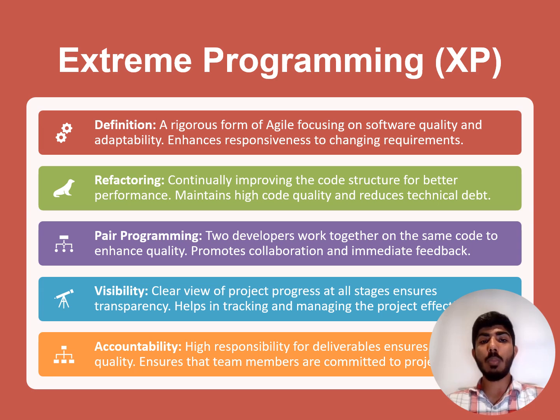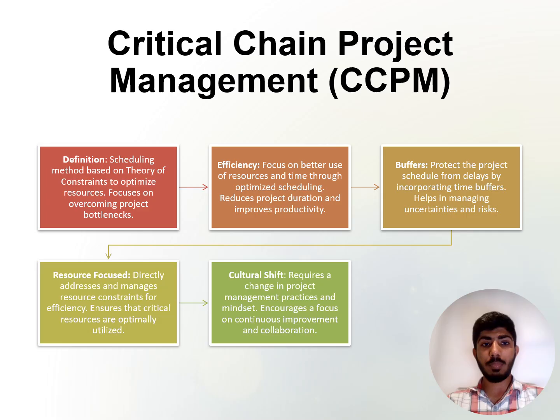So let's move to the next slide, which is critical chain project management. Critical chain project management, we can say CCPM, is another approach focused on optimizing resources. Think of it as planning your Lego castle build around the availability of the special pieces you need.